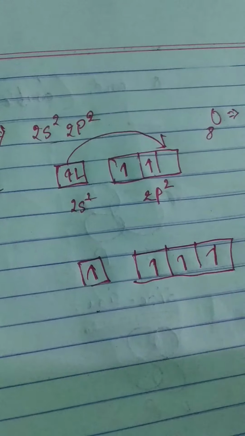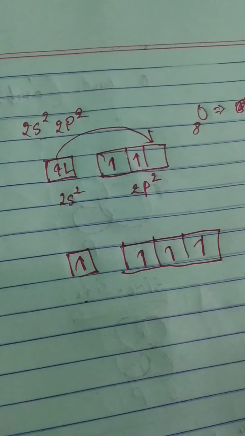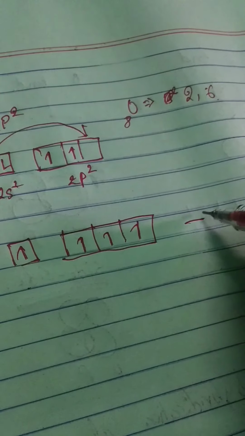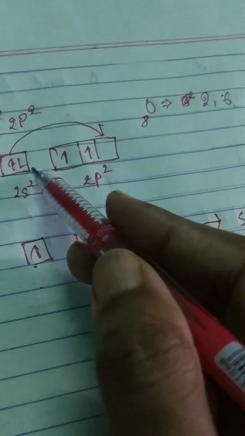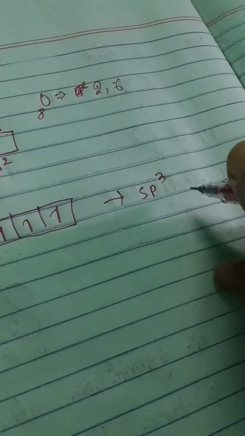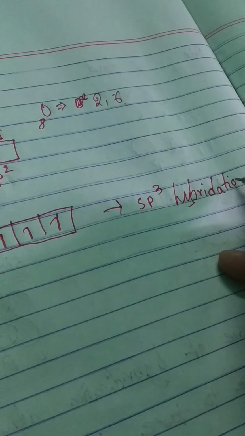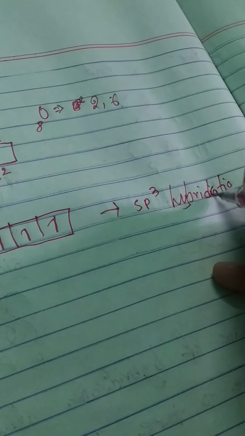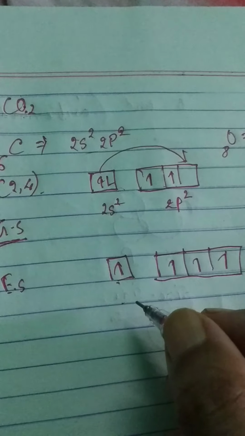So this is the hybridization. So now I'm writing this side, this is your sp3 hybridization, because 1s and 3p orbitals are participating. So the name of the hybridization is sp3 hybridization, okay.